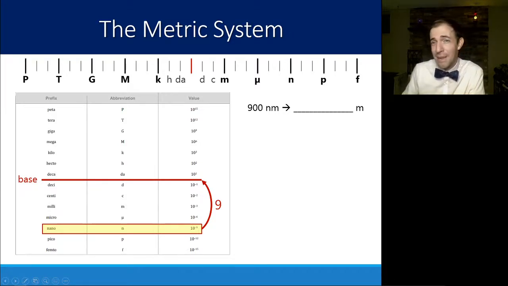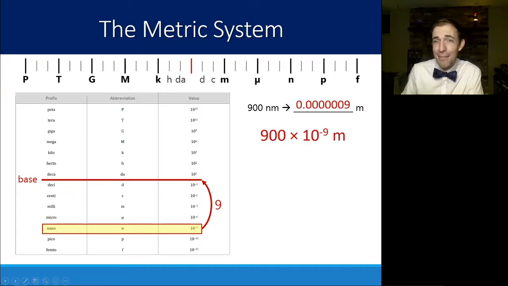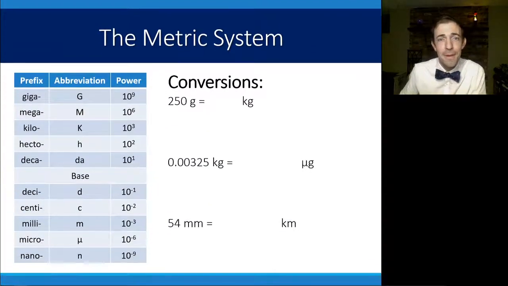And in this case, I'm going to make it smaller because it should be a smaller number of meters than nanometers, and then basically just swoop the decimal place 9 places over to the left. That's also the same thing as saying 900, the number of nanometers, times that value, 10 to the minus 9th. Same thing as swooping the decimal 9 times.